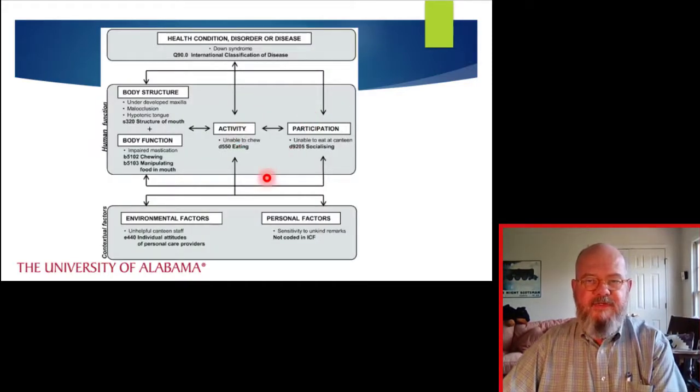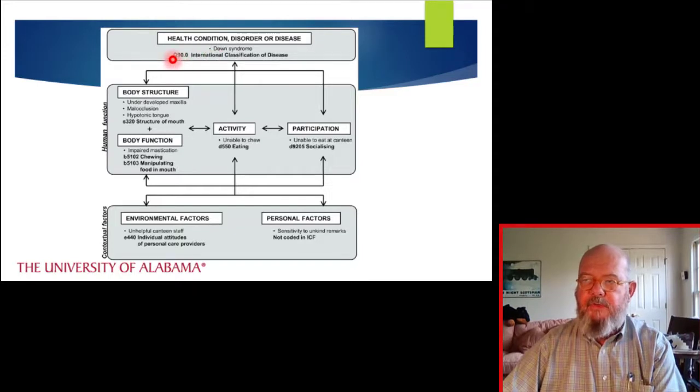Here we have a slide with a little more examples. The ICF is a classification scheme, so there are various codes involved. Let's say the code for this child is Q90, the code for Down syndrome. And the specific activity that is problematic for this child is eating.